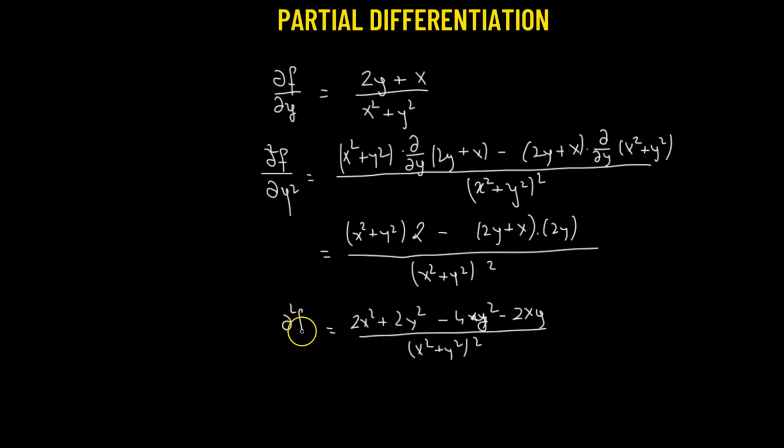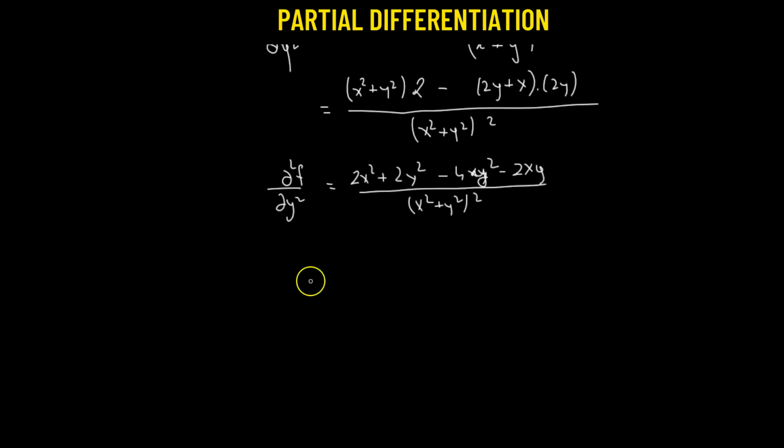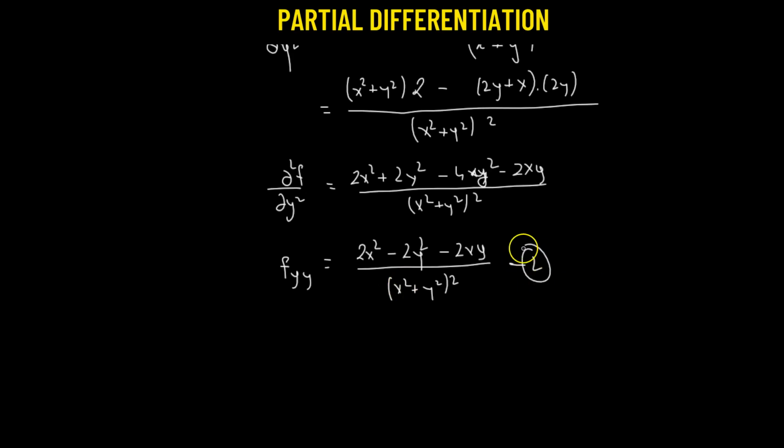So this is the second partial derivative of f with respect to y, which will give us f_yy equal to 2x squared minus 2y squared minus 2xy divided by x squared plus y squared whole squared. Now let's label this as number 2.